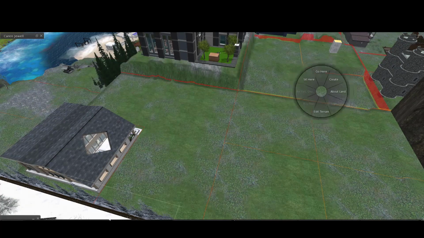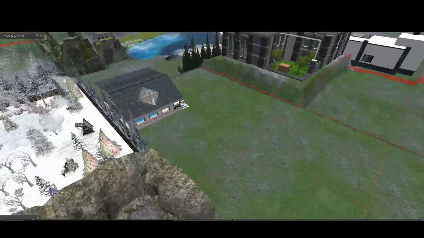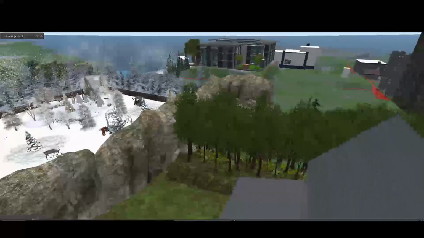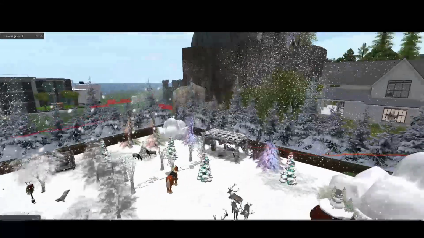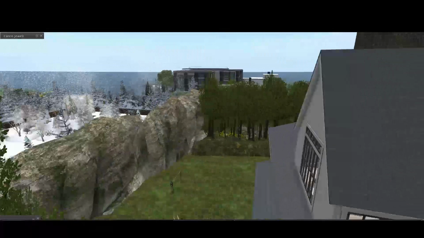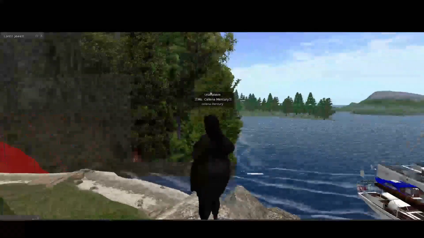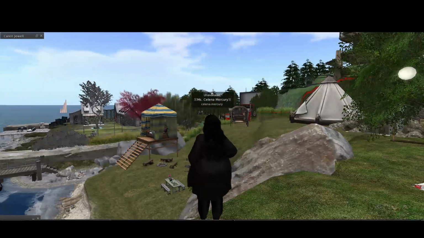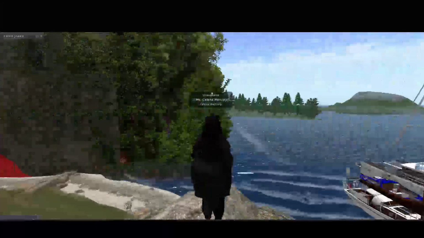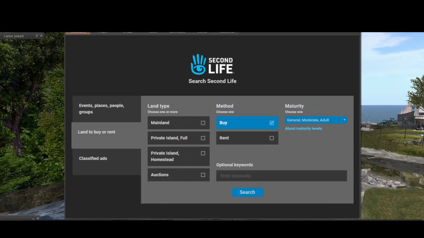It's definitely really beautiful and worth a look. And again, it's not that you can't find beautiful places. There are some beautiful places, as this proves. For sale. For sale. That are mainland.